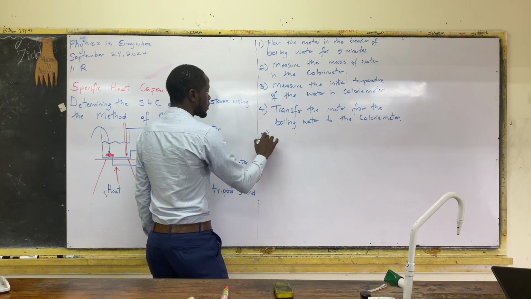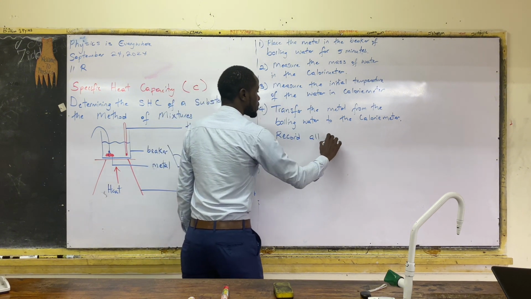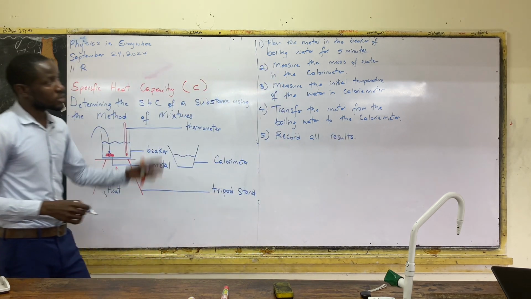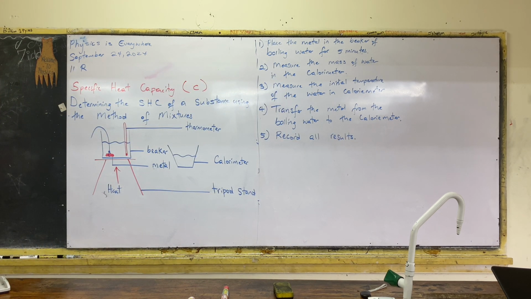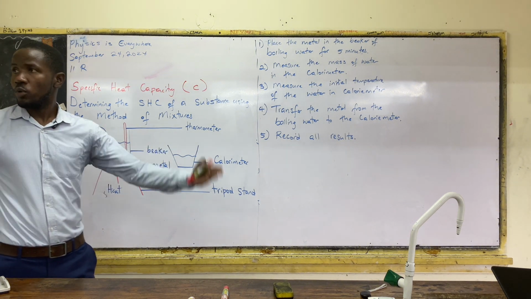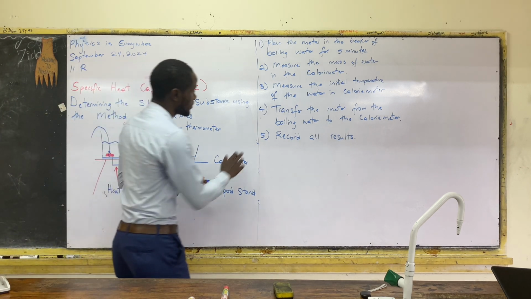And then five, let's say, record all results. So that's a summarized version of the procedure involved. For the lab, it's going to be more detailed, so we have enough time.